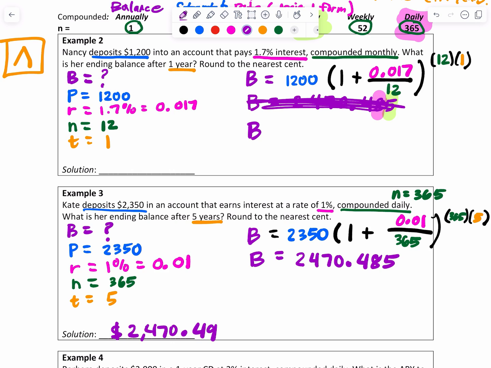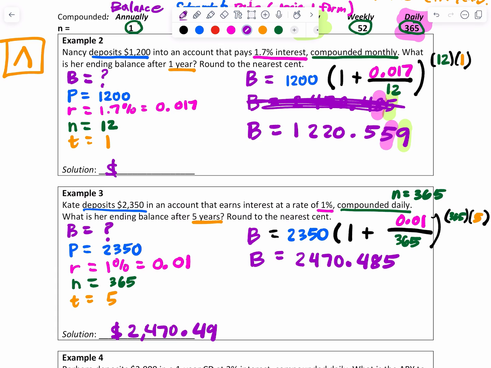B was not supposed to equal that number. B was supposed to equal 1,220.559. When we round this, I'm trying to decide if I keep that a 5 or I bump it up because this is a 9. It's bigger than 5. I'm going to round up.